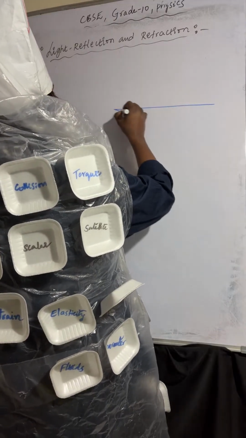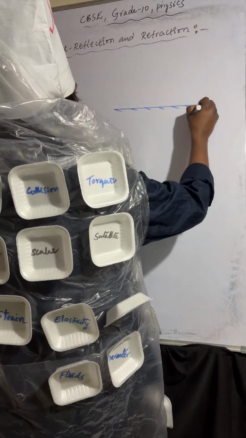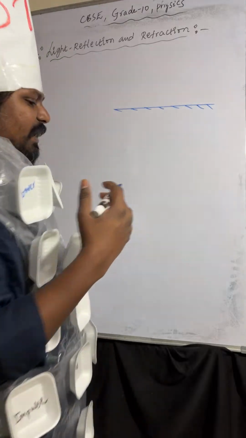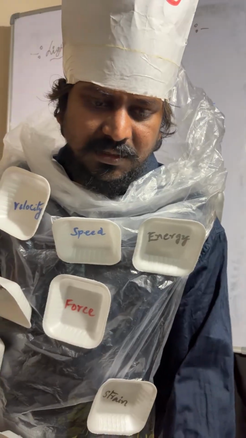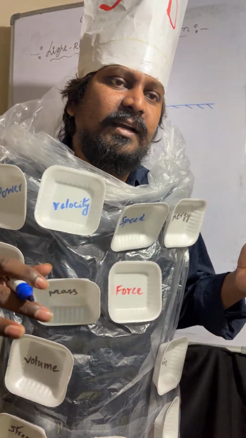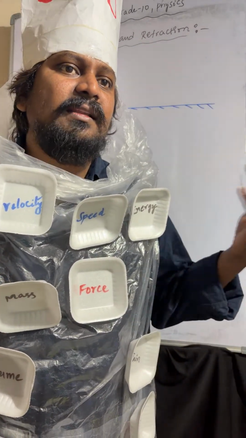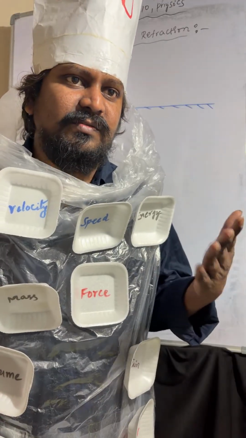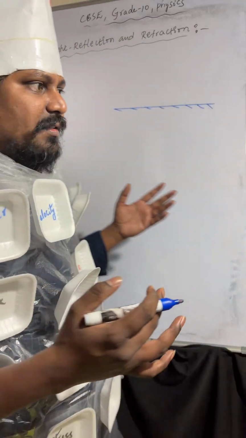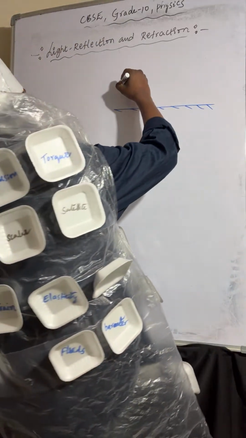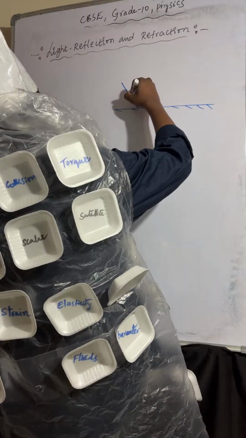So I am considering a plane surface. One side has a silver coating, and the other side is the reflecting surface. These are incident light rays.